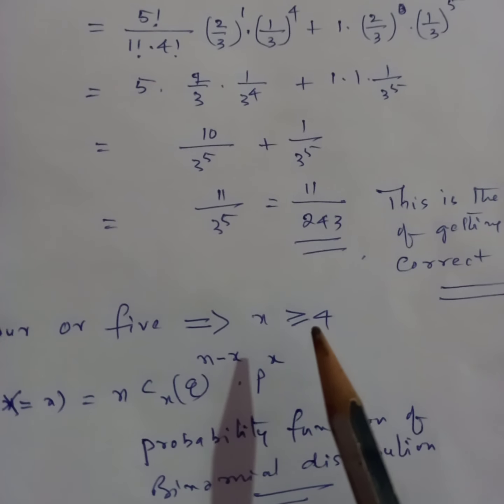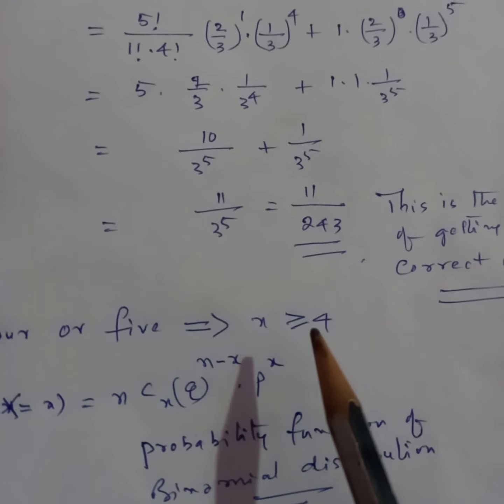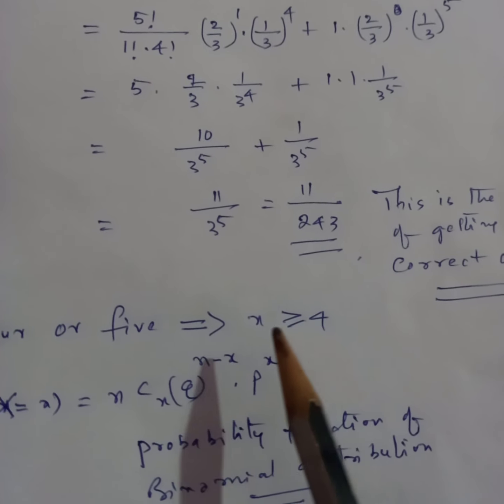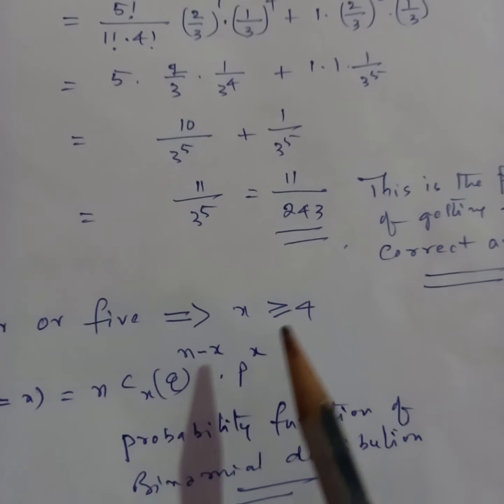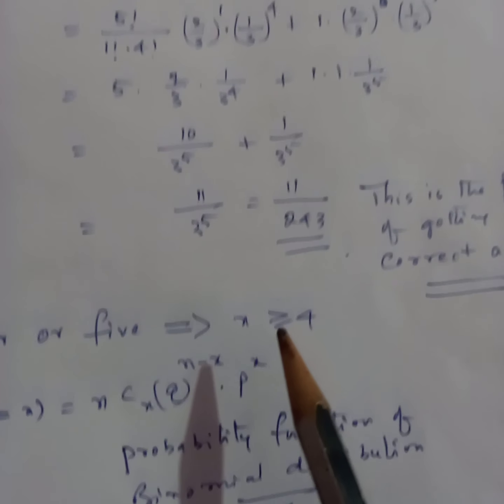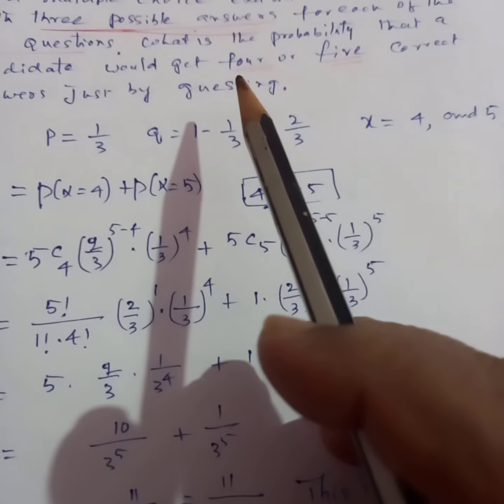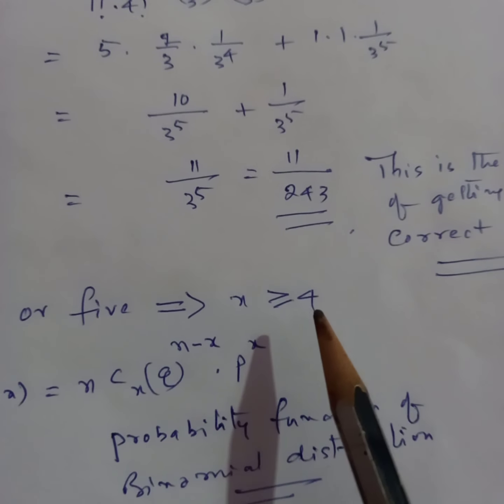X can be equal to 4 or x can be greater than 4. Greater than 4 means x can be 5 only, because the value of n is 5 only. This x cannot go beyond 5. It can be 4 or it can be 5. So 4 or 5 implies x greater than or equal to 4.